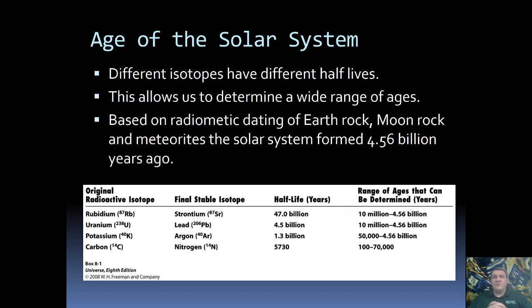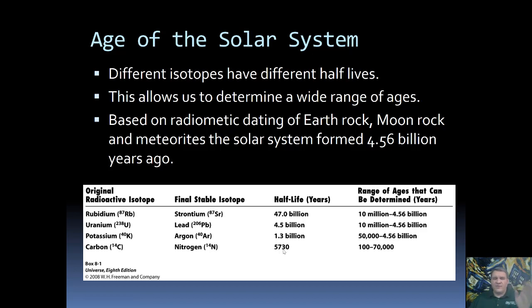Now, different isotope systems have different half-lives, meaning that they're going to be useful over varying ranges. So again, as an example, we can use carbon. This is what is used for carbon dating. Specifically, we look at carbon-14. Carbon-14 turns into nitrogen-14 with a half-life of 5,730 years.